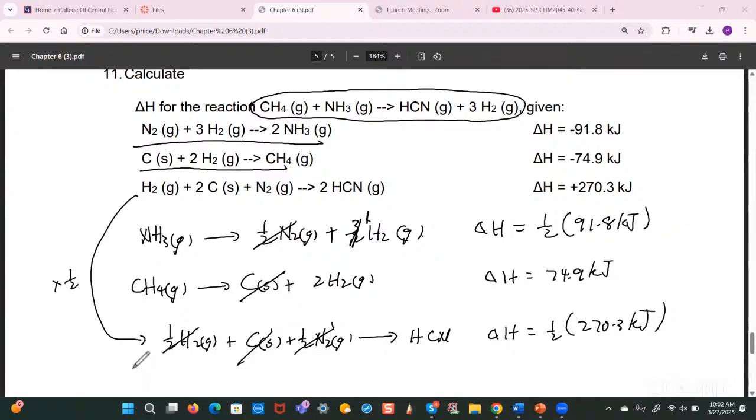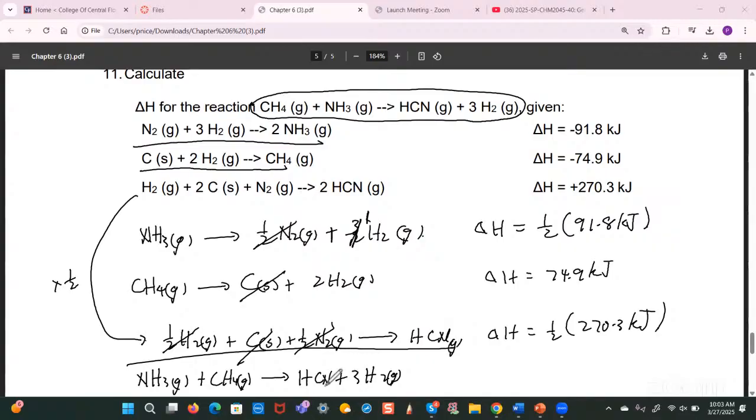You're left with, when you add them up, NH3 gas plus CH4 gas to give a total of, well, you're gonna get HCN over here. And then this plus that gives you 3H2. Right? HCN gas.